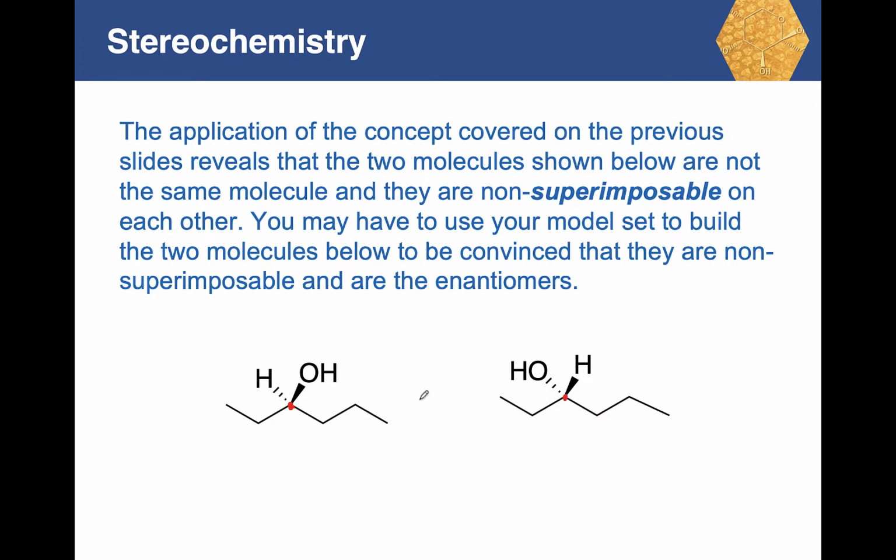What's different, however, is the arrangement of the group in space, as shown here by the dashed and wedge. So again, I'm just emphasizing, it's best if you can build this using your model set, putting this group in front and this in the back, and building it again using a different molecule, and put the H in front and the OH in the back, and see if they are the same.